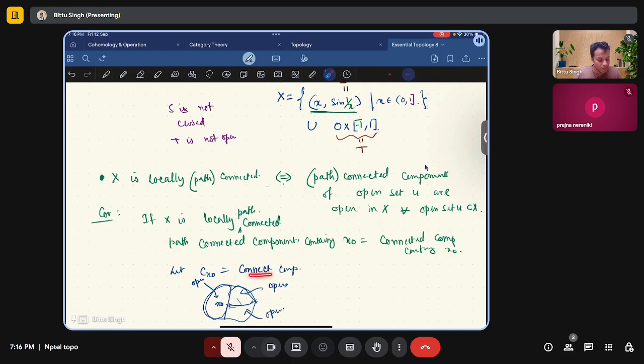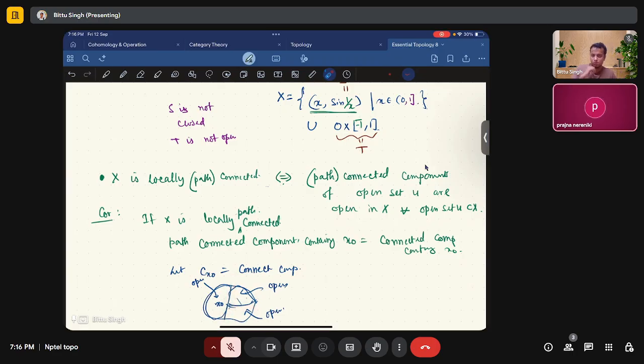If something is connected, we cannot break that space into non-empty open sets like this. There is no non-trivial partition of the space Cx0. So this is not possible. Therefore, this connected component must be path connected. You cannot break it into several path connected components. Is it clear? Yes, sir.